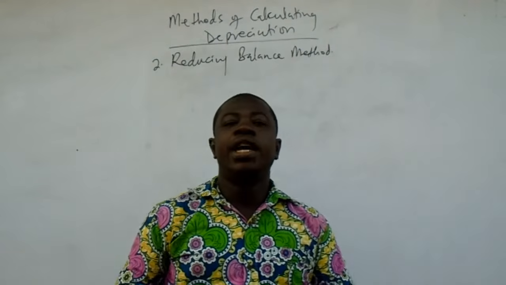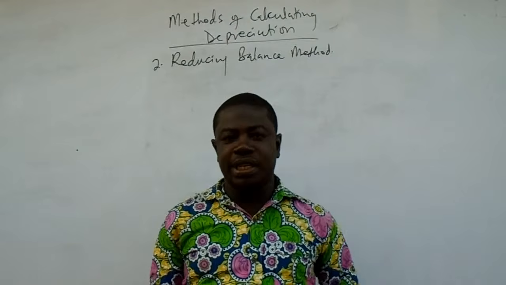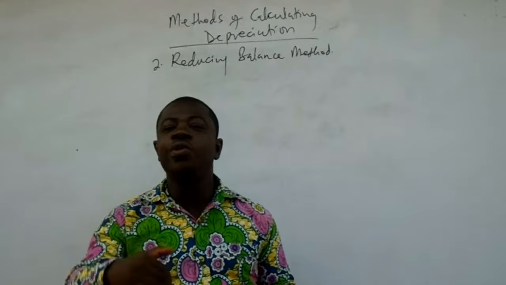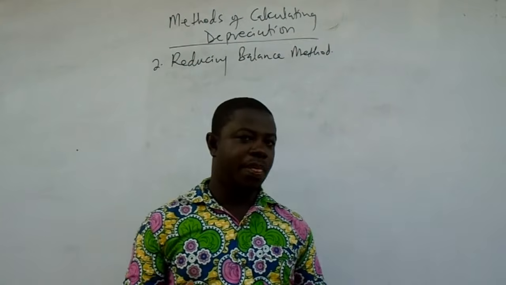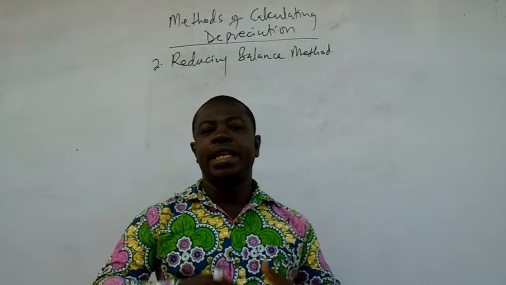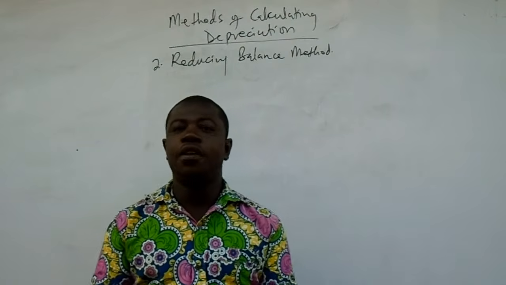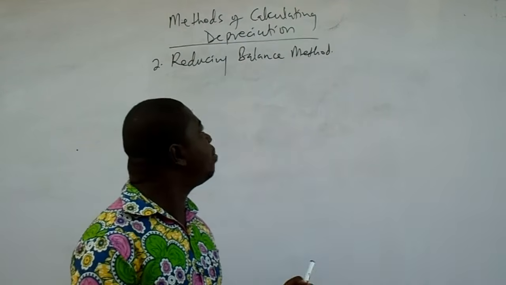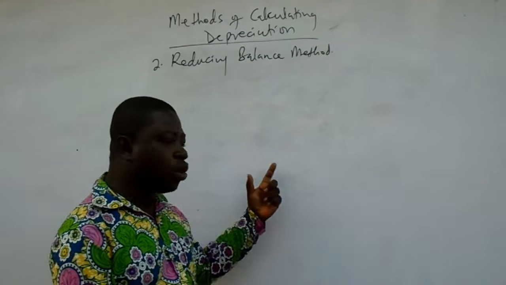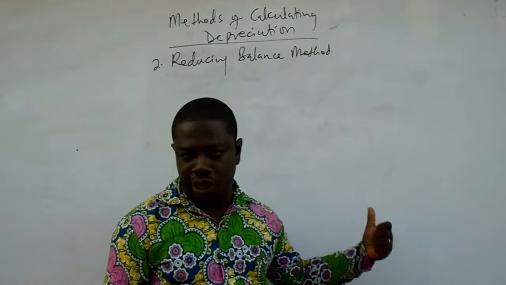Reducing balance method. Now, the reducing balance method of depreciation is when the depreciable rate reduces year after year. Unlike the straight line method where we are going to have the same amount of depreciation for each year. With the reducing balance method, the rate of depreciation is not applied on the cost as we saw in the case of the straight line method.